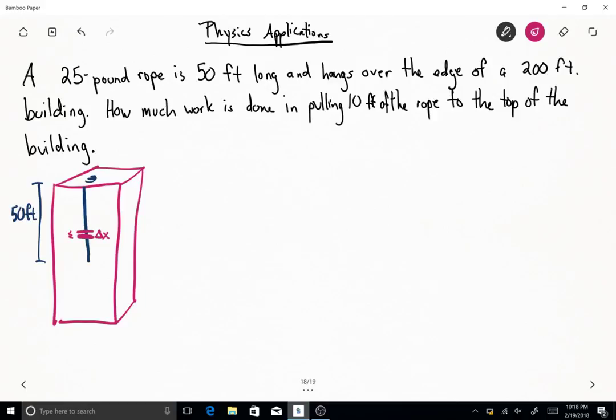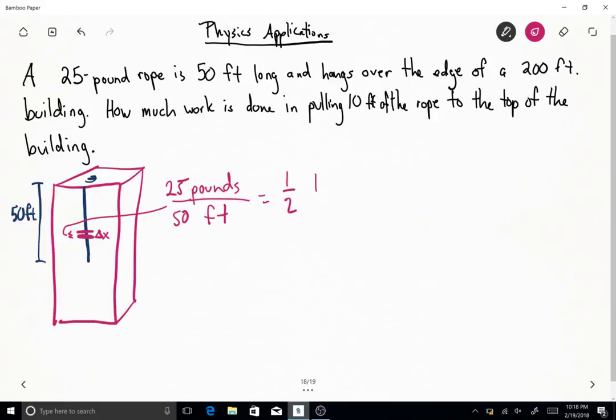Notice, if we have a 25-pound rope and then a 50-foot rope, the pounds per foot, well, you have 25 pounds and 50 feet of rope, so you have 1/2 pound per foot.